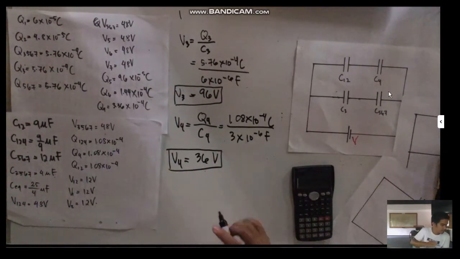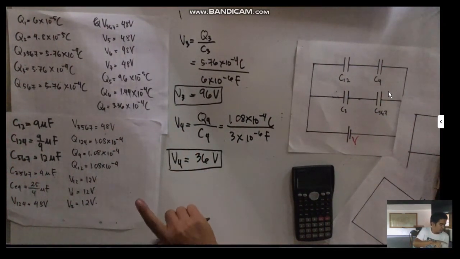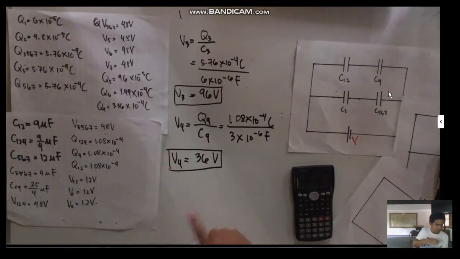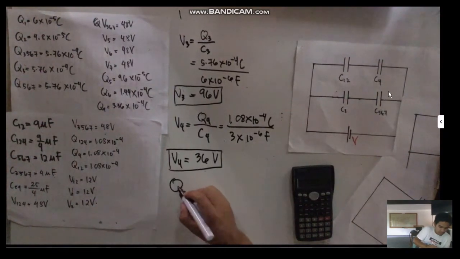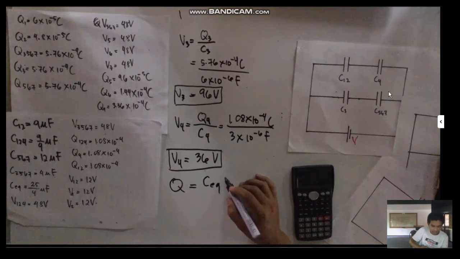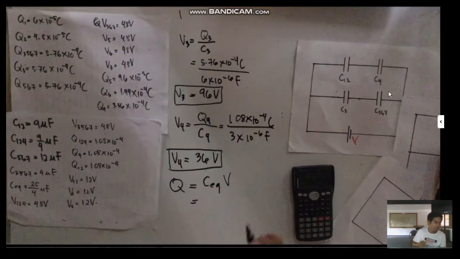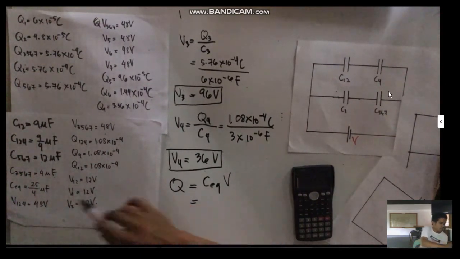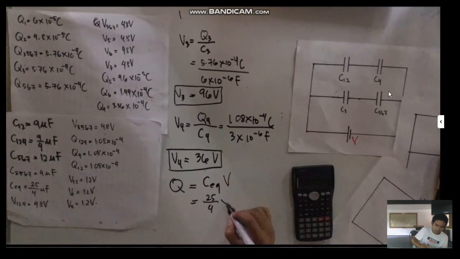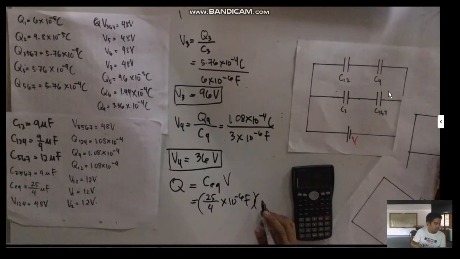And what is missing? We have Q1 already, Q2, Q3, Q4, Q5, Q6 and Q7. The total charge Q is the equivalent capacitance multiplied by the total voltage. So it's the total equivalent capacitance, 25 over 4 microfarad, so this is 25 over 4 times 10 to negative 6 farad multiplied by the total voltage.